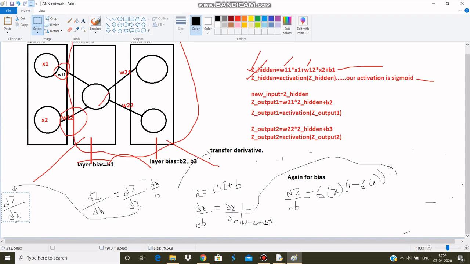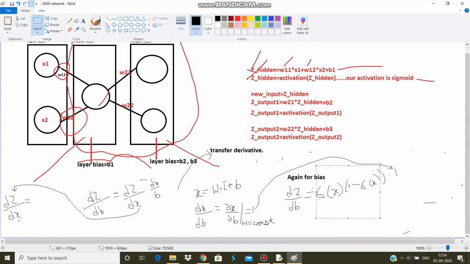If you want to check how this value comes, you can go backward and check the derivation of weights, where we have derived it and it will tell you how we are getting the value sigma x into 1 minus sigma x.